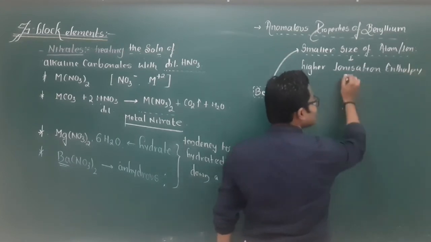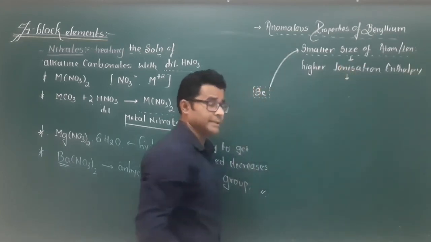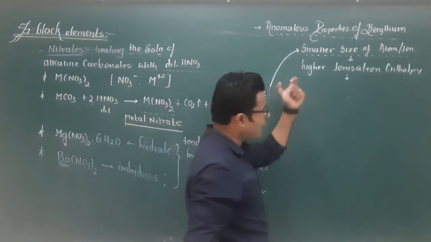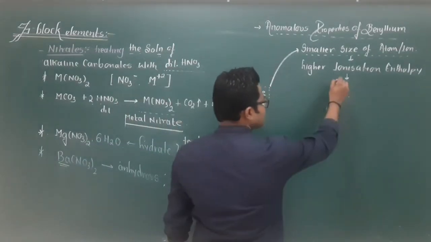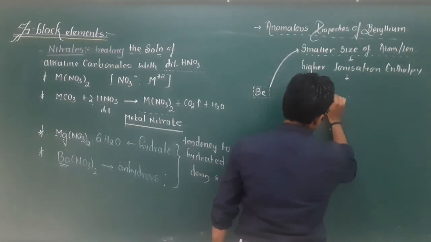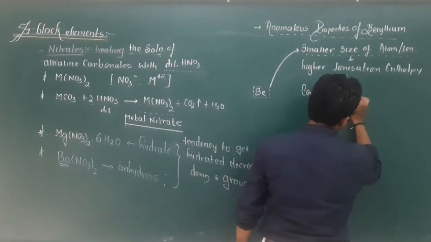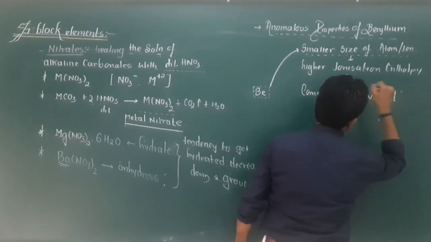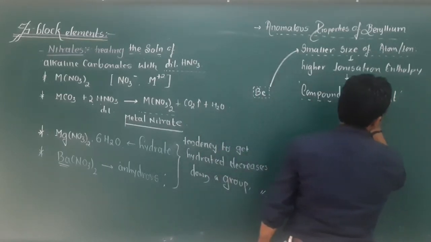Due to the higher ionization enthalpy, everything is related, correct? So due to the higher ionization enthalpy, beryllium forms compounds which are covalent in nature.